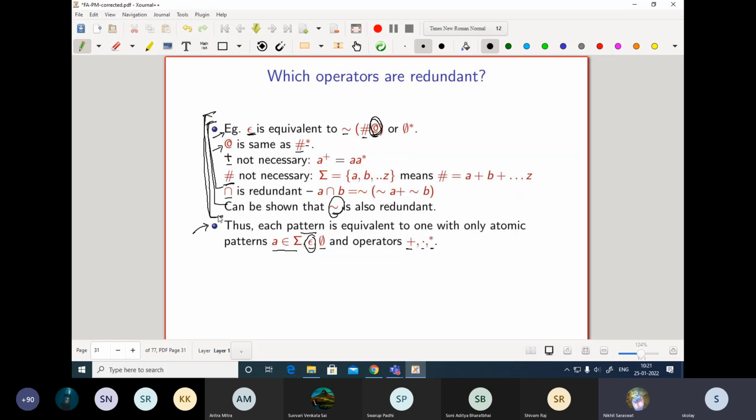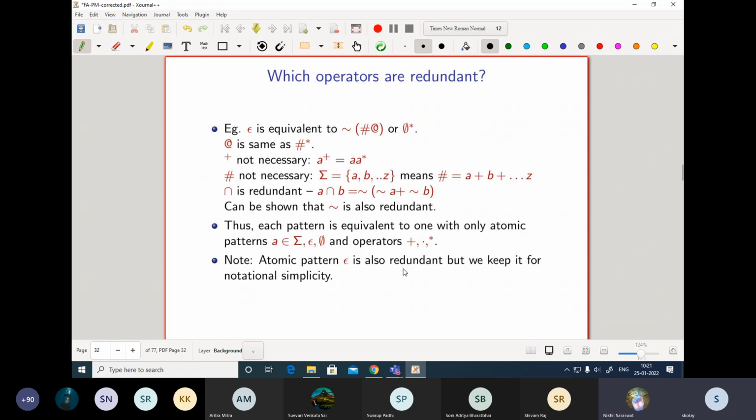In a sequential manner, you can get rid of all these so that your pattern just boils down to a sequence of symbols only using atomic patterns A from sigma, the null set symbol, and operators binary plus, binary concatenation and unary star. The epsilon is just thrown in so that notationally things become simpler.